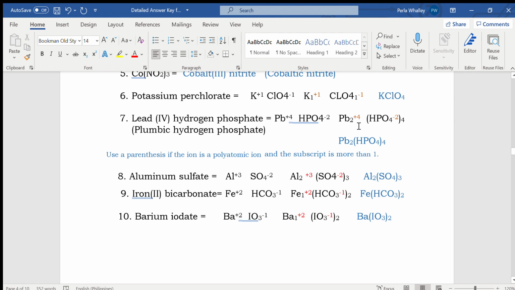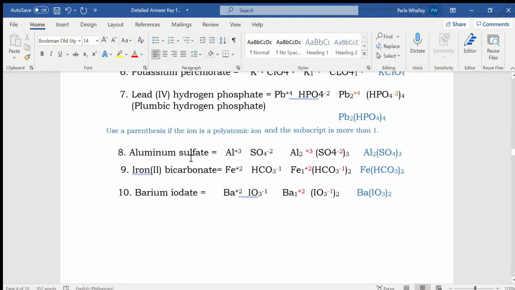So we copy Pb2, parenthesis HPO4, close parenthesis 4. Okay, so that is lead 4 hydrogen phosphate or plumbic hydrogen phosphate.